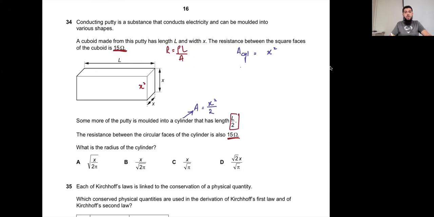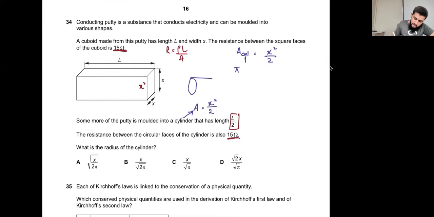The formula for the area of a cylinder is pi r squared h. Now you'll have a cylinder here. Let me draw it.